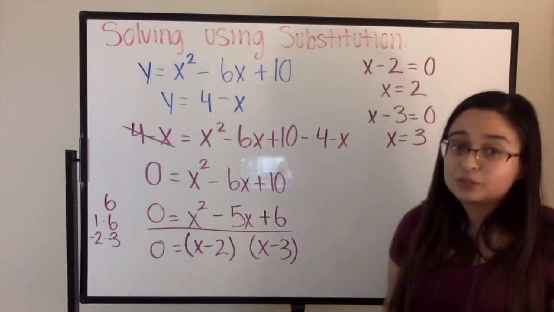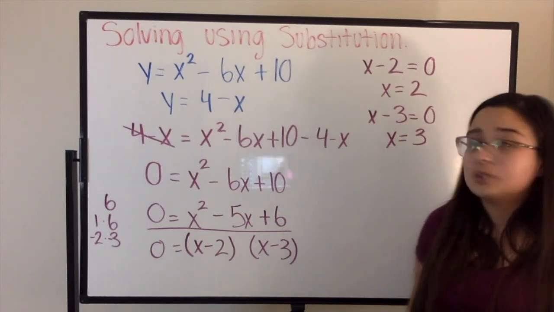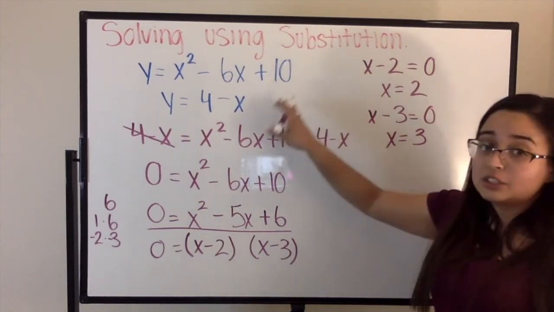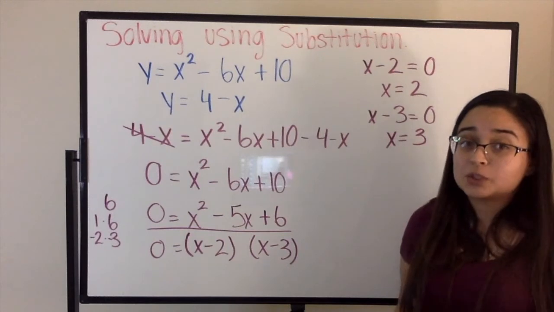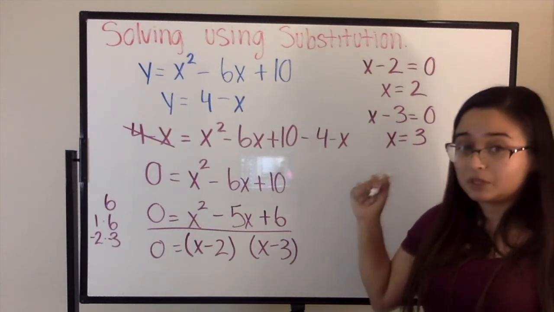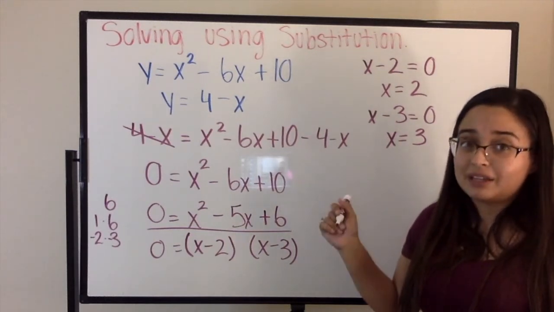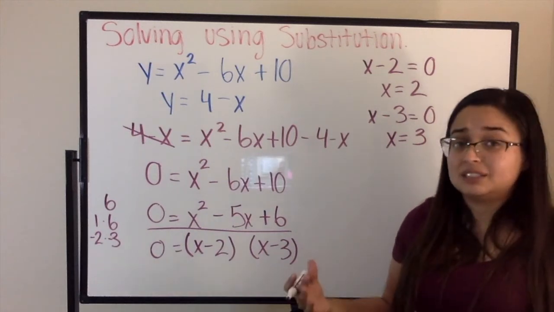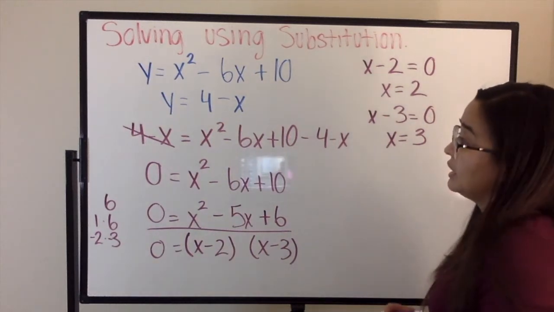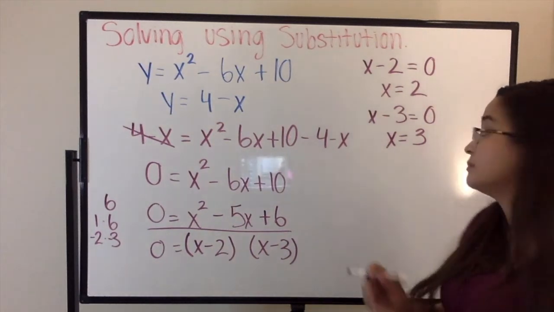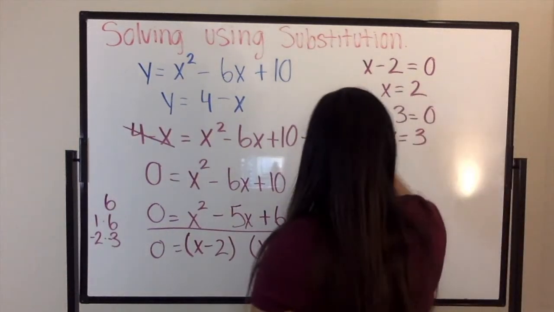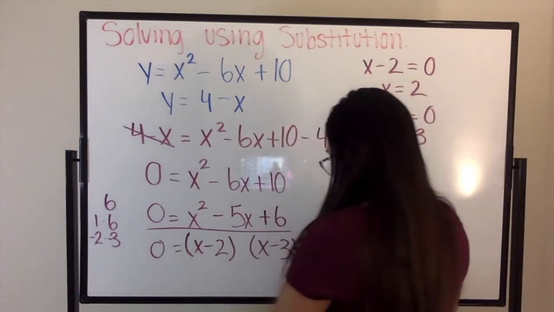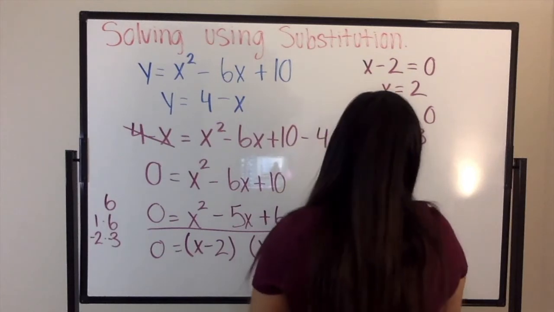To find the values for our y's, we could actually use either of these two equations and just substitute x for whatever value we want to. And obviously, let's just go with the easiest one, which is y equals 4 minus x. So let's just plug in our 2 to that. Change it up a bit.